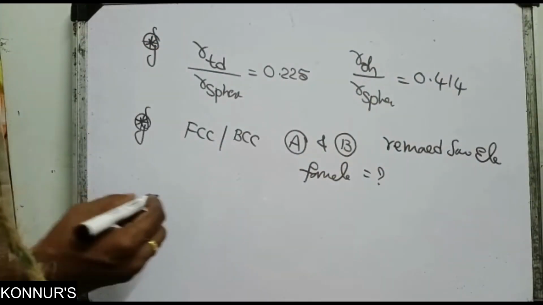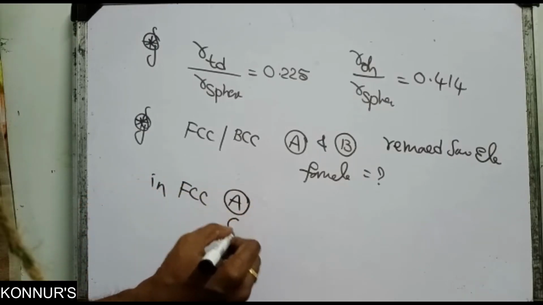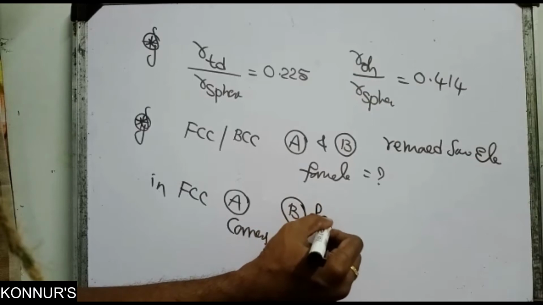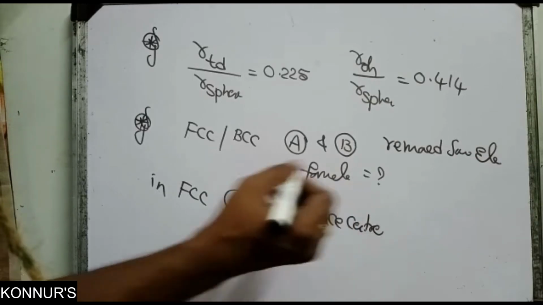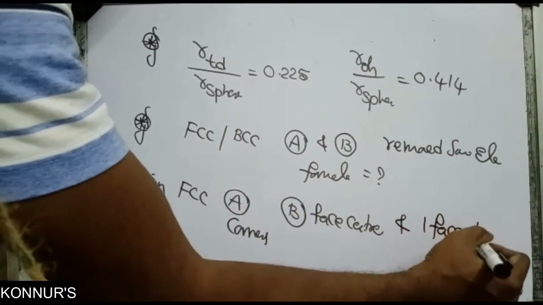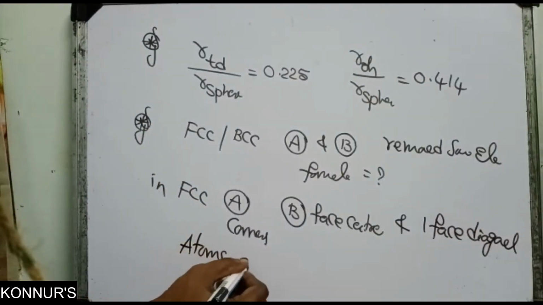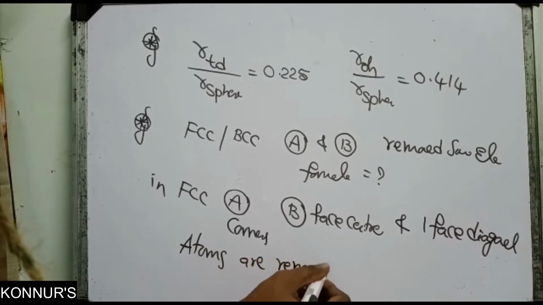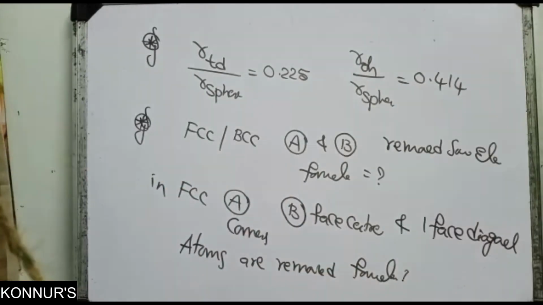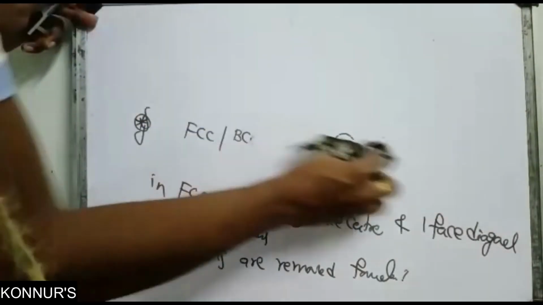Suppose in FCC structure, A occupies the corners, B occupies the face centers, and one face diagonal atoms are removed. Then what is the formula? Whatever this type of problems, you must be perfect with this compulsory question in higher entrances.